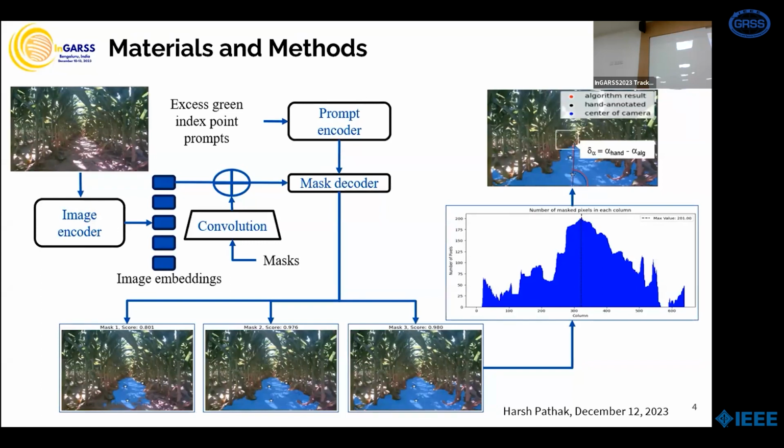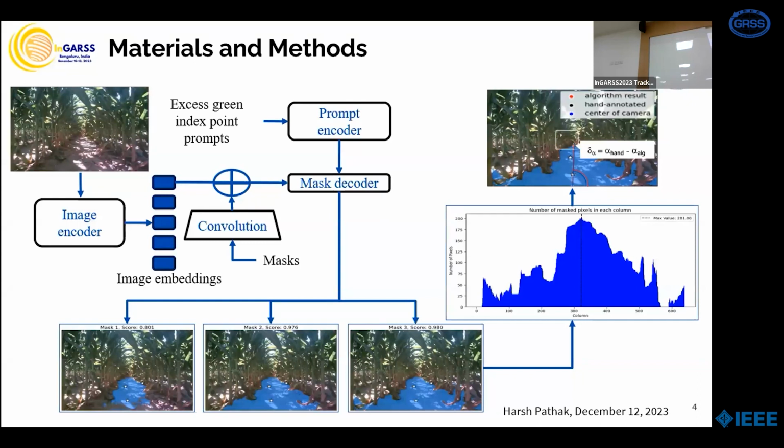It is to be noted that domain-specific prompts improve the performance of the Segment Anything Model. Therefore, we provided excess green index-based prompts, which is very commonly used in the field of agriculture.